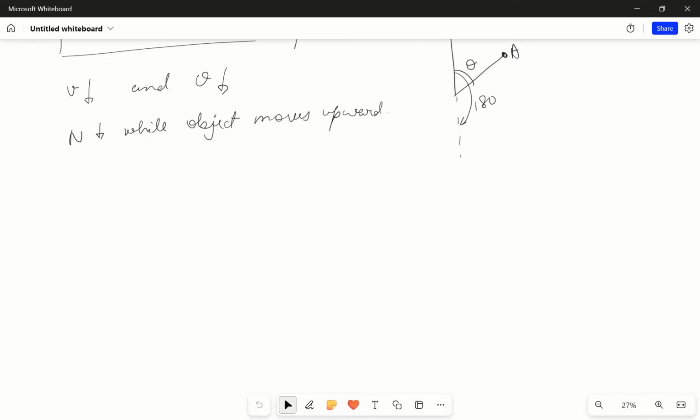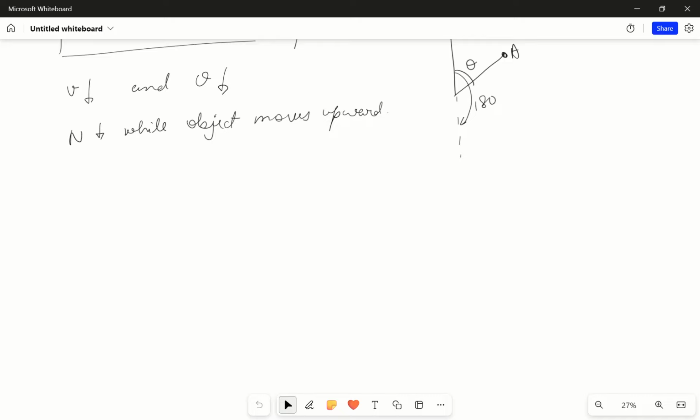For this situation to happen, the ring must leave the touch with the ground at the instant when the normal is minimum, right? Because when the normal becomes minimum, after that the normal would start to increase, so it will automatically come in contact with the ground, and before that it was in contact with the ground, so practically it didn't leave the contact.